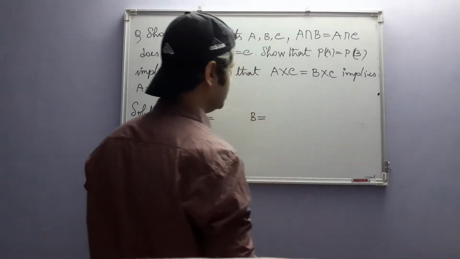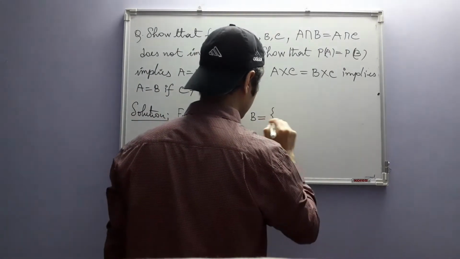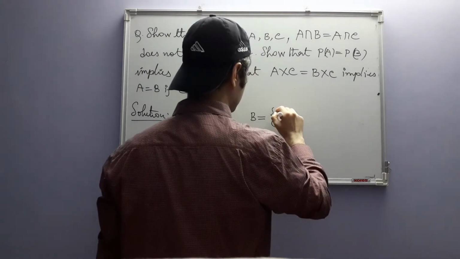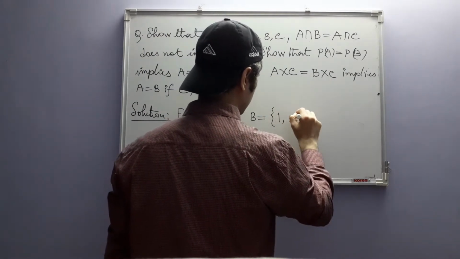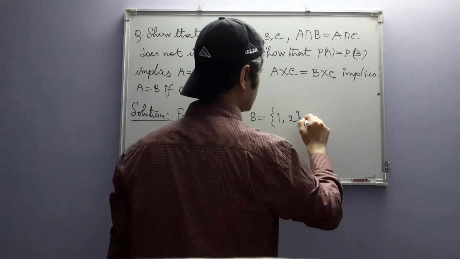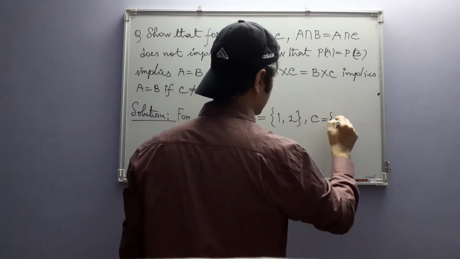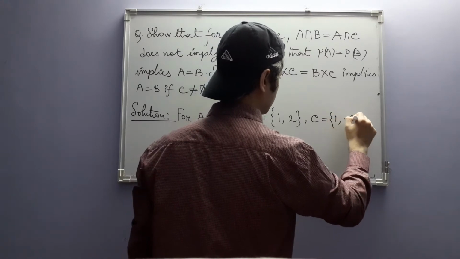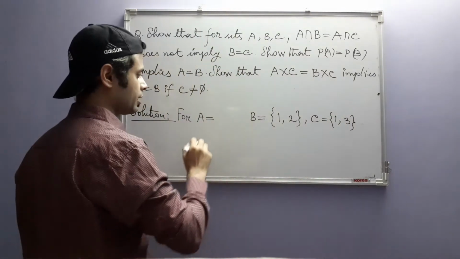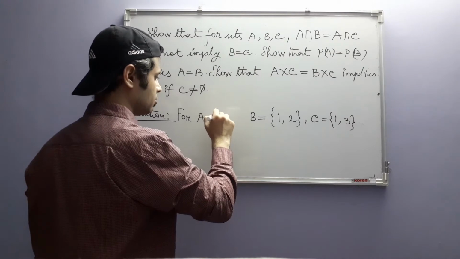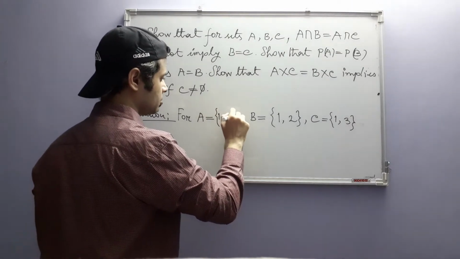First I choose B. So I take B equal to {1, 2}, C equal to {1, 3}, and A equal to {1, 4, 5}.